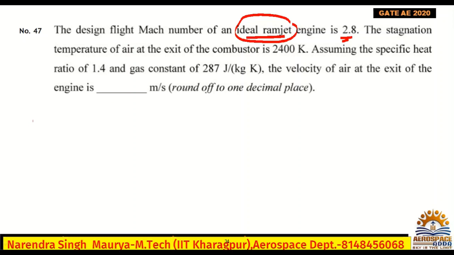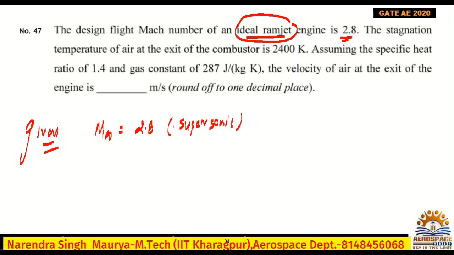So first we'll write the given data. Design Mach number for the ideal ramjet is 2.8. Obviously it is supersonic, and you know very well the ramjet engine is used for supersonic flow, right? The stagnation temperature of air at the exit of the combustor is 2400 Kelvin.